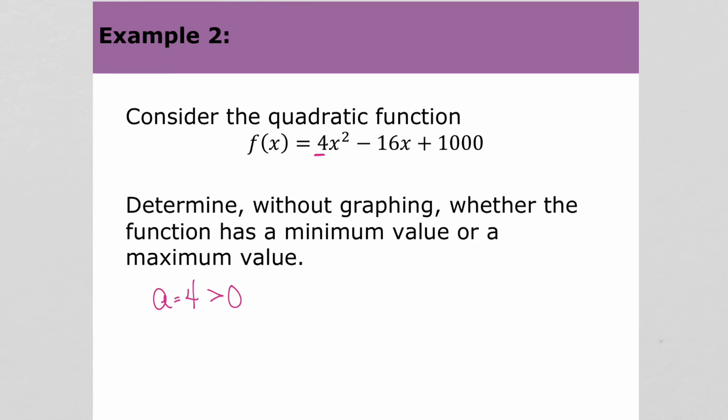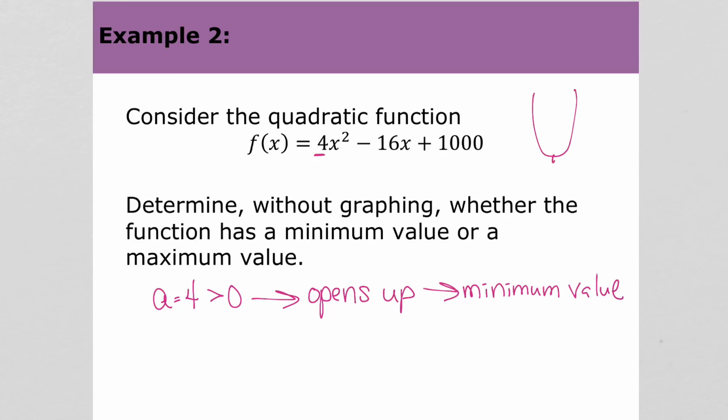It's positive. So that means that our parabola opens up. If our parabola opens up, that means that the vertex is a minimum value. And realize if it opens up, yes, you see why it's the minimum there.